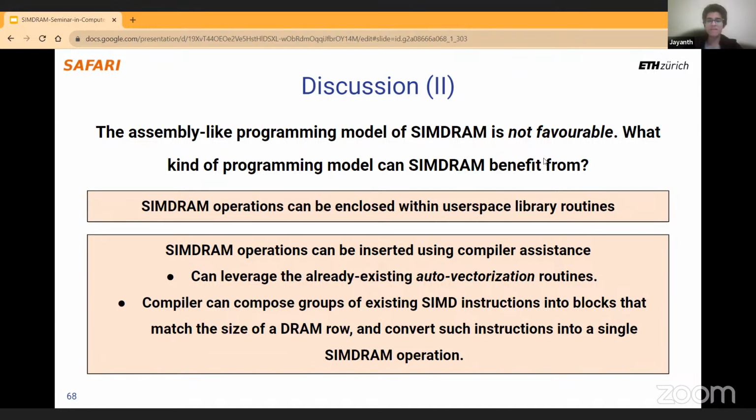Those can be used, and the compiler can group these AVX instructions so that they fit within a DRAM row. That is, they operate on the total width of a DRAM row, and this can be translated into a single SIMDRAM operation. Such optimizations could be implemented within the compiler, and using compiler assistance could be a more apt programming model for frameworks like SIMDRAM. It will be hassle-free and easy to use.